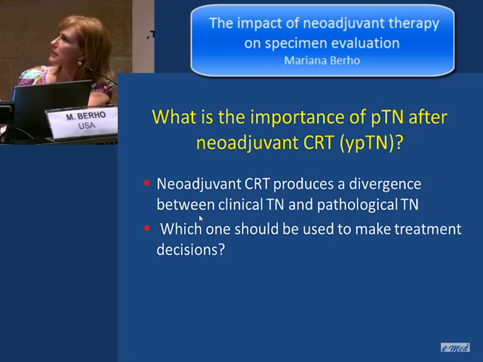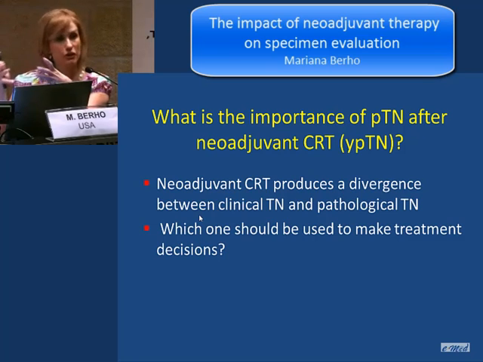I think there have been many studies that have tried to speculate what is then the validity of the TNM in patients that receive neoadjuvant chemoradiation. Because we need to think that when you give neoadjuvant chemoradiation, we have a divergence between the clinical and the pathological stage.